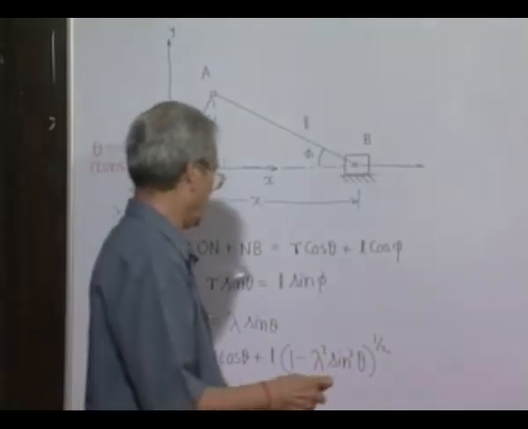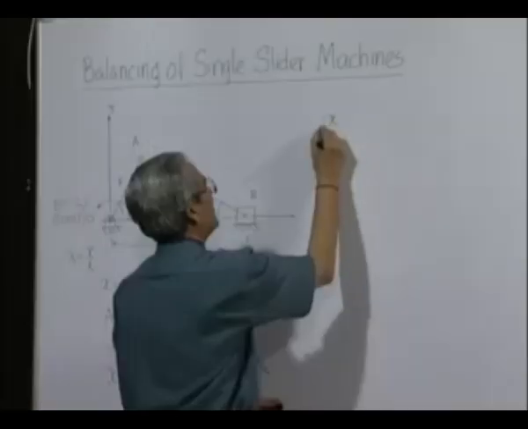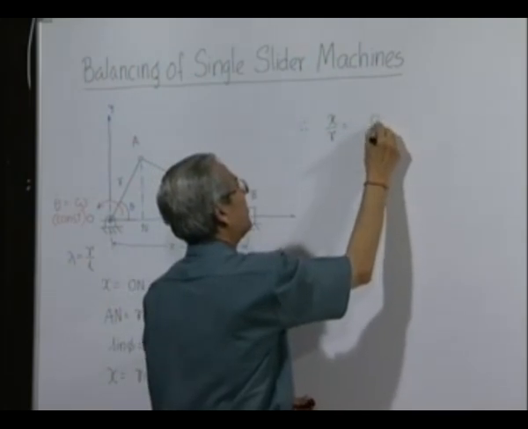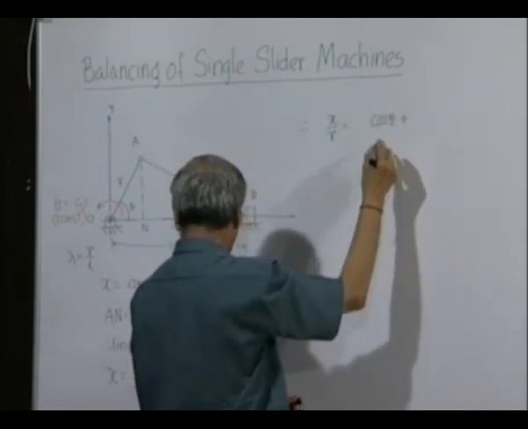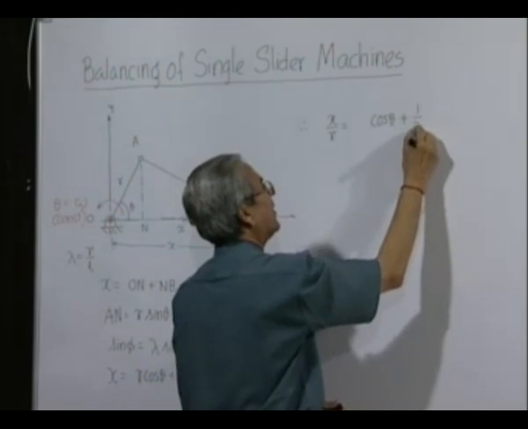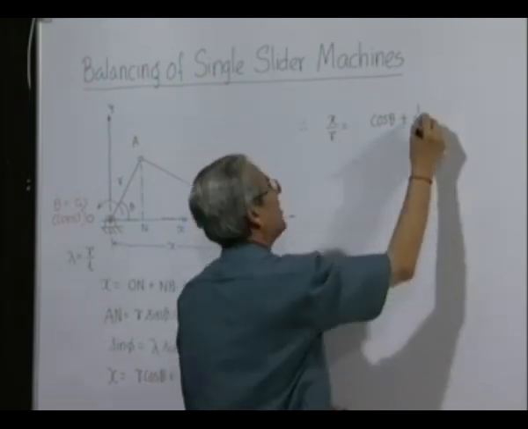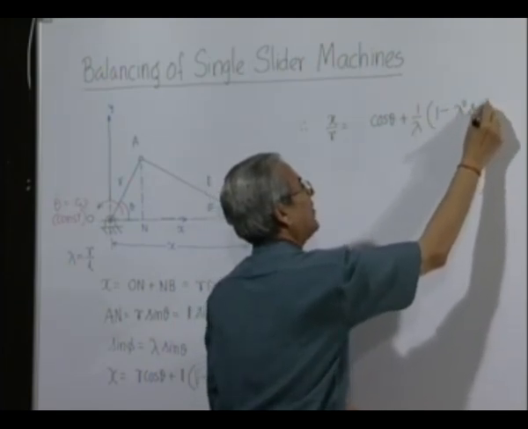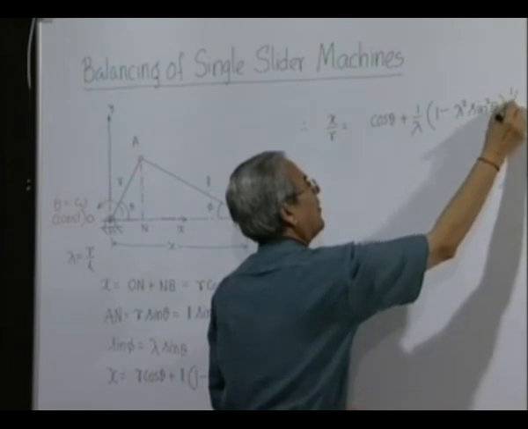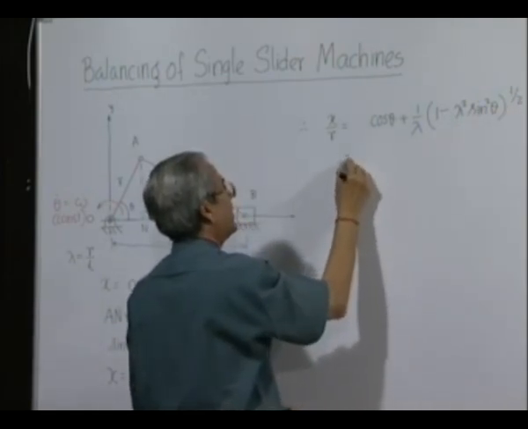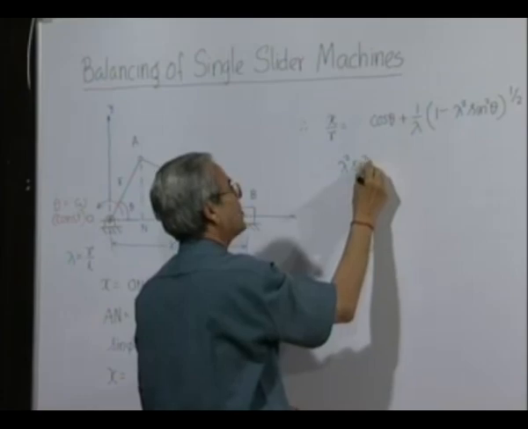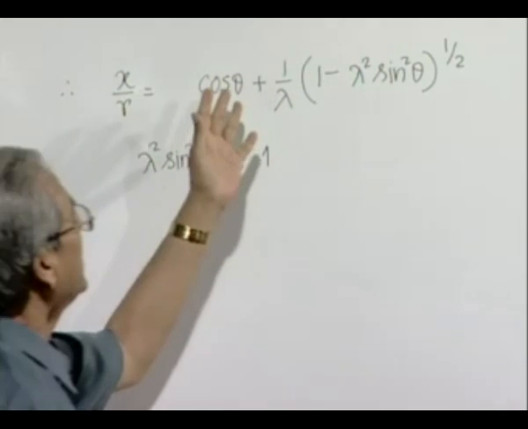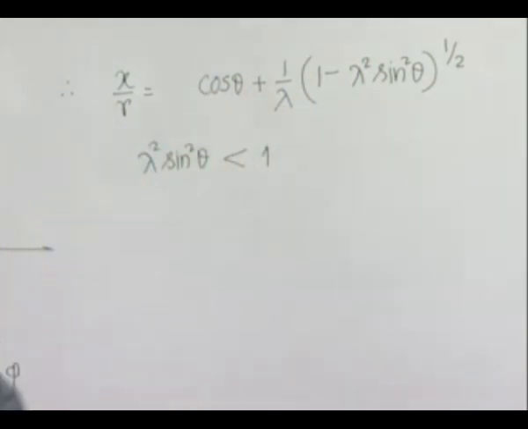And this we can write as x by R equals cosine theta plus 1 by lambda times the square root of 1 minus lambda square sin square theta. Now lambda square sin square theta is definitely less than 1, and therefore we can expand it in the form of a series.